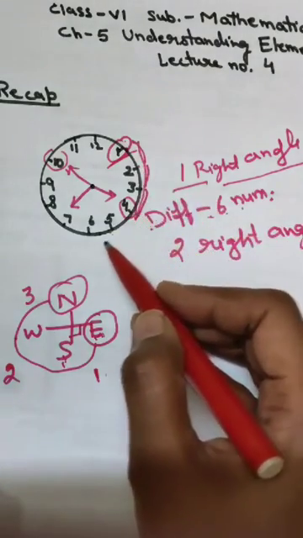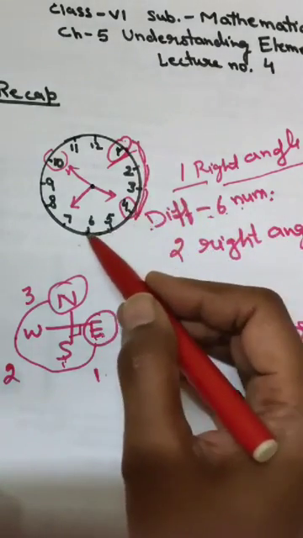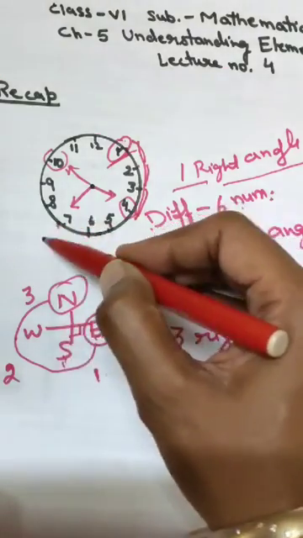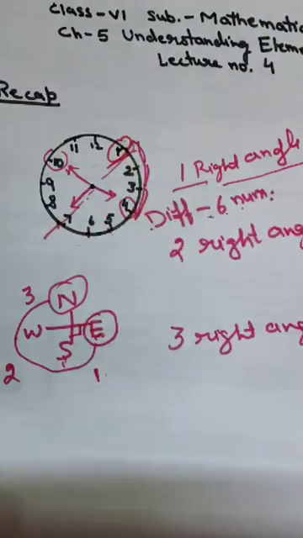In the same way, 4 to 5, 1, 5 to 6, 2, and 6 to 7, 3. That means it will stop at 7 when it starts from 1 and takes 2 right angles. One right angle means the difference of 3 numbers. That's it.